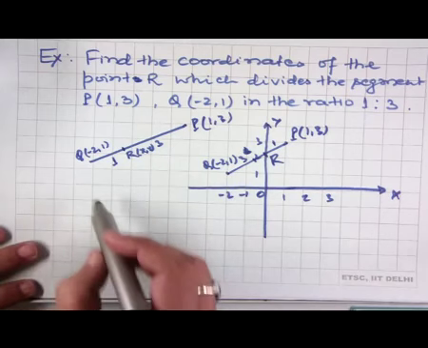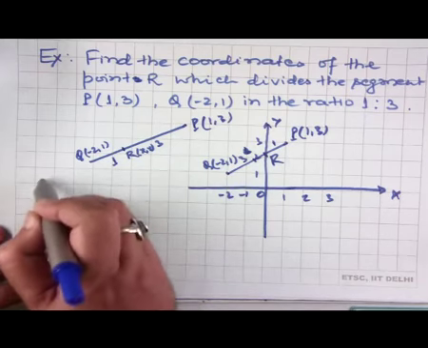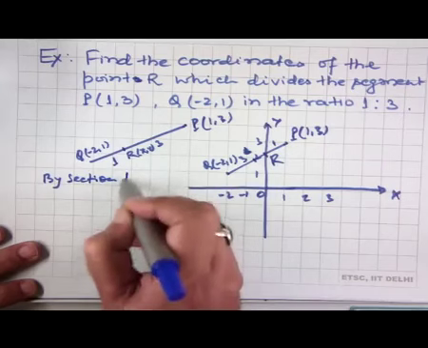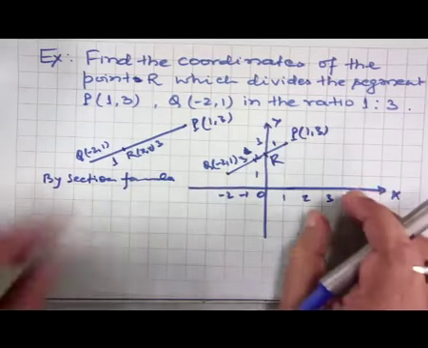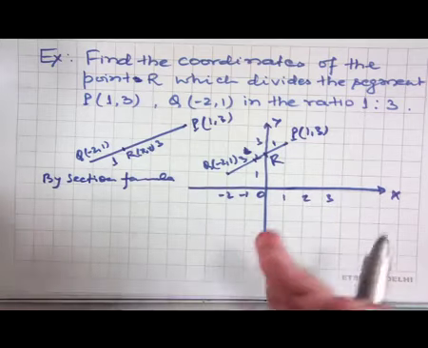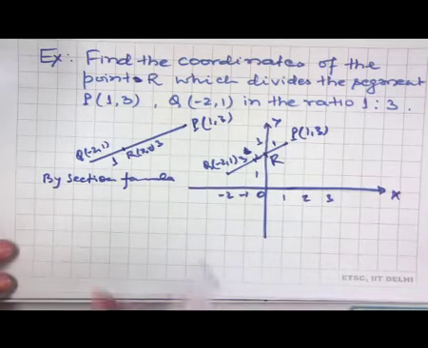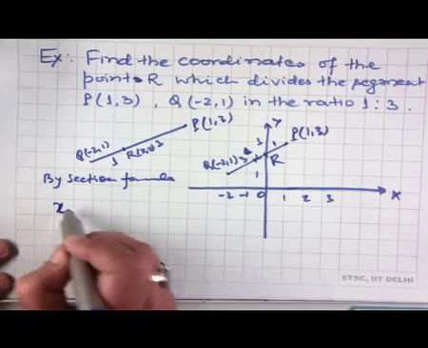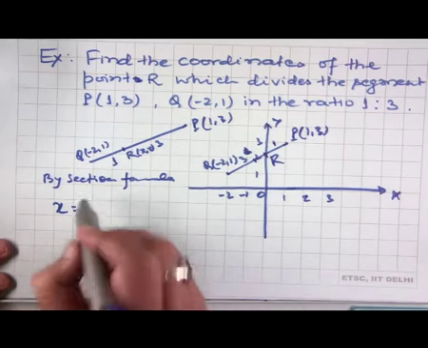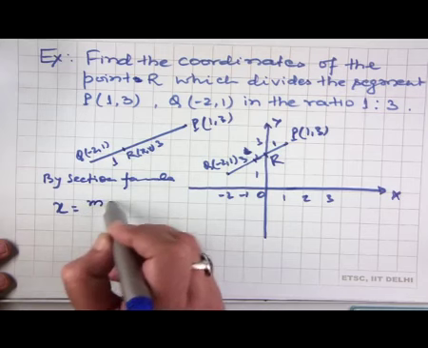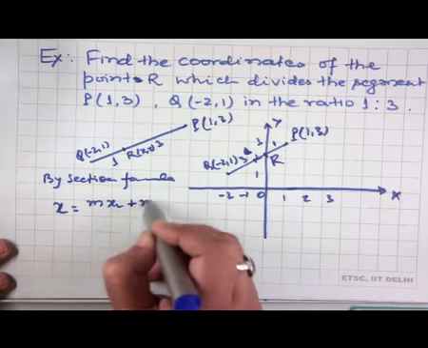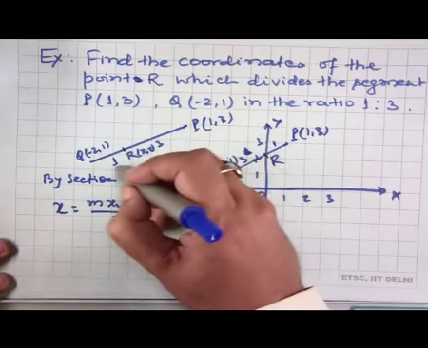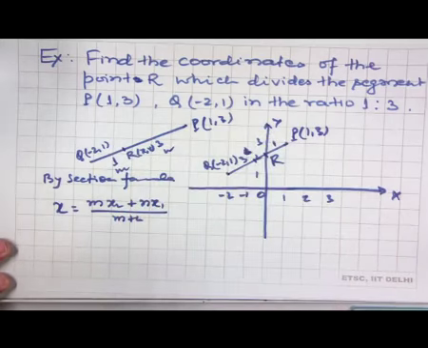So x is equal to what? By section formula, since R divides PQ internally, we can use the internal section formula. So x is equal to (m x2 plus n x1) by m plus n. This is m and this is n.